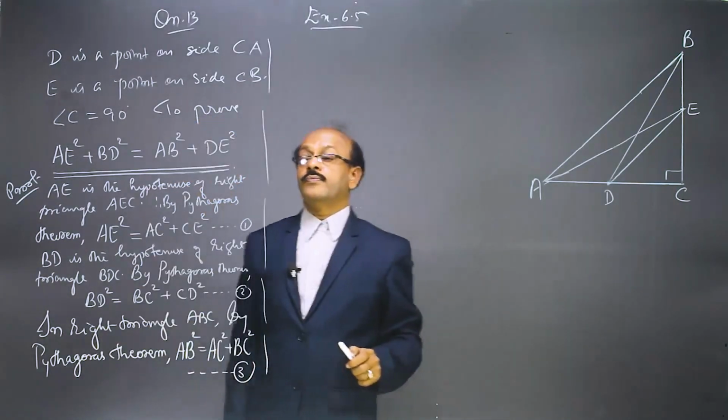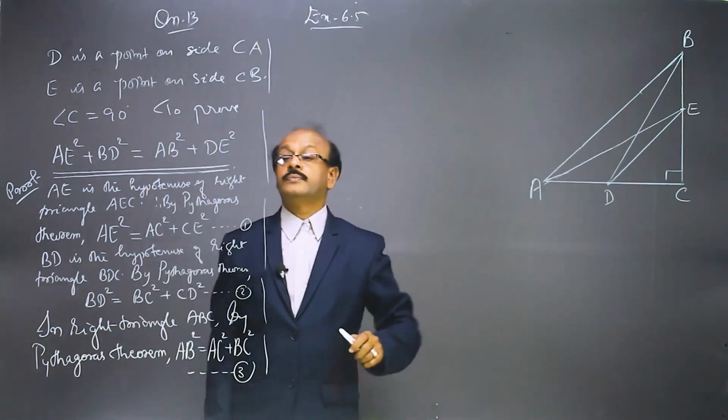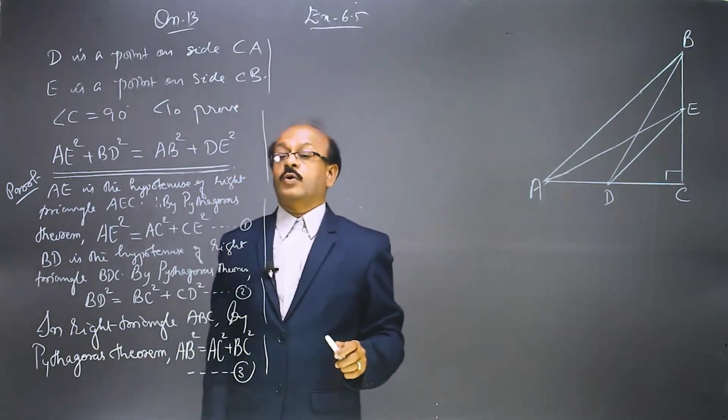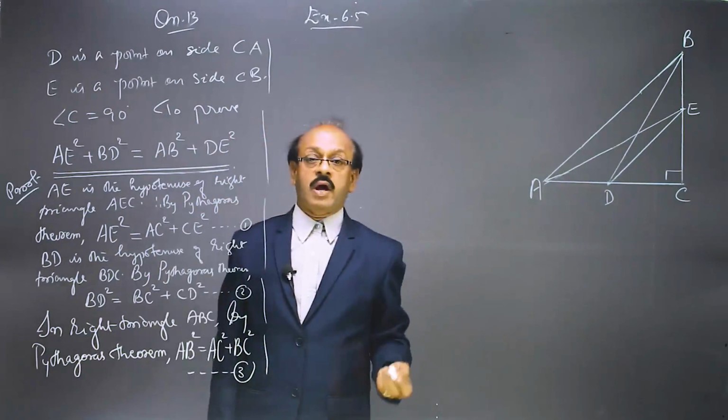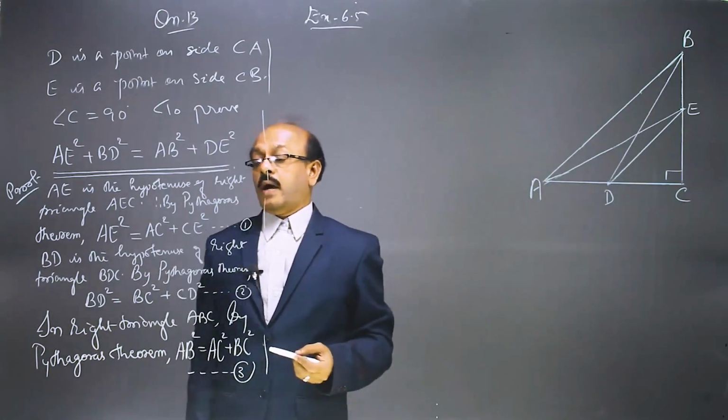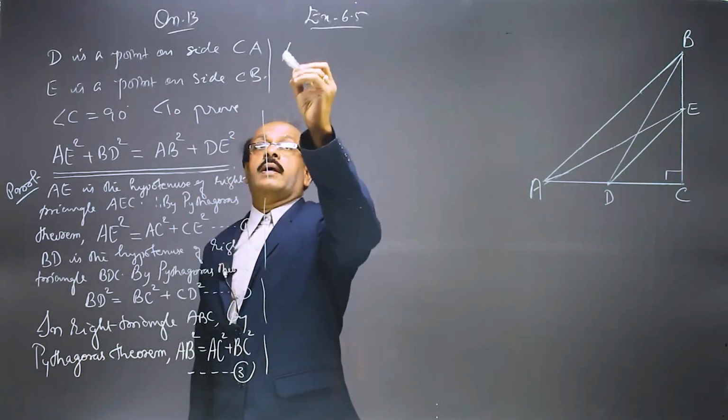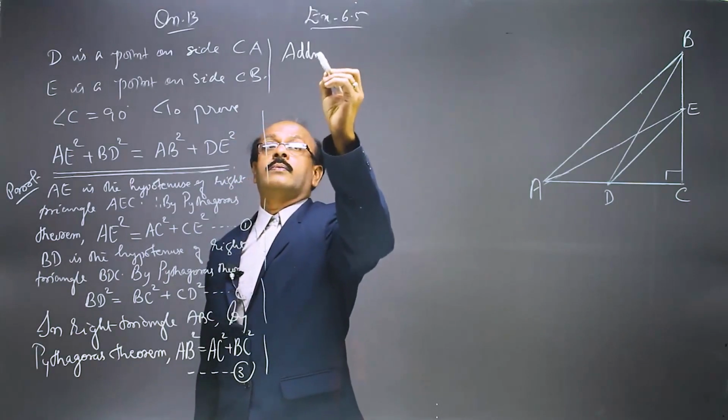Now, we are adding equations 1 and 2. We will obtain the left hand side of the thing which we have to prove.